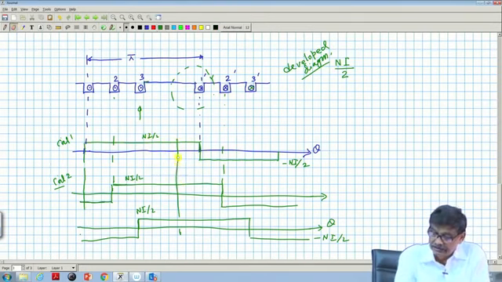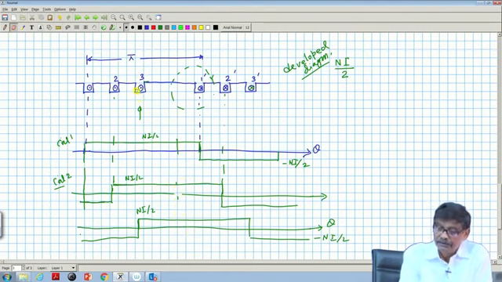Then between this space 2 and 3, one Ni by 2, another positive, another negative. So, it will be minus Ni by 2 resultant, plus Ni by 2, plus Ni by 2, and then minus Ni by 2. So, in this way it will be.